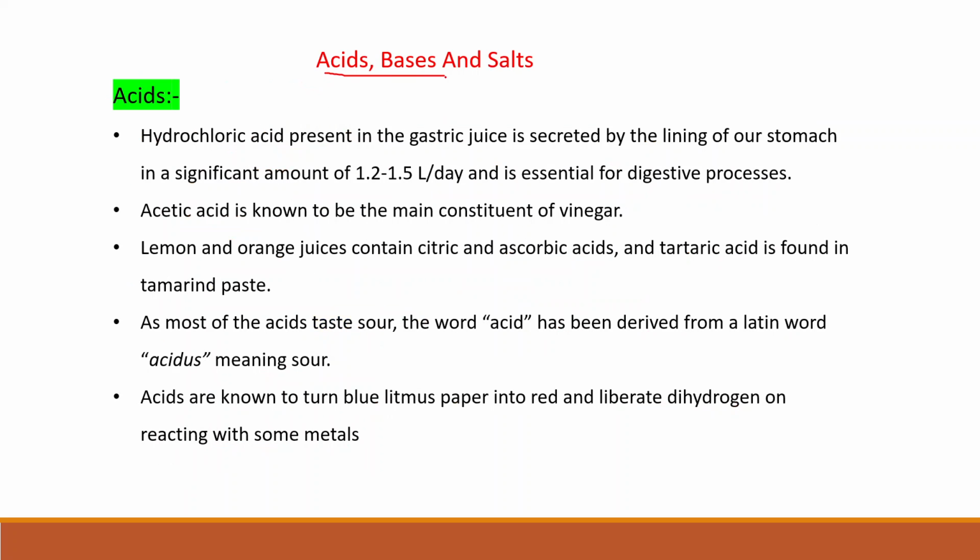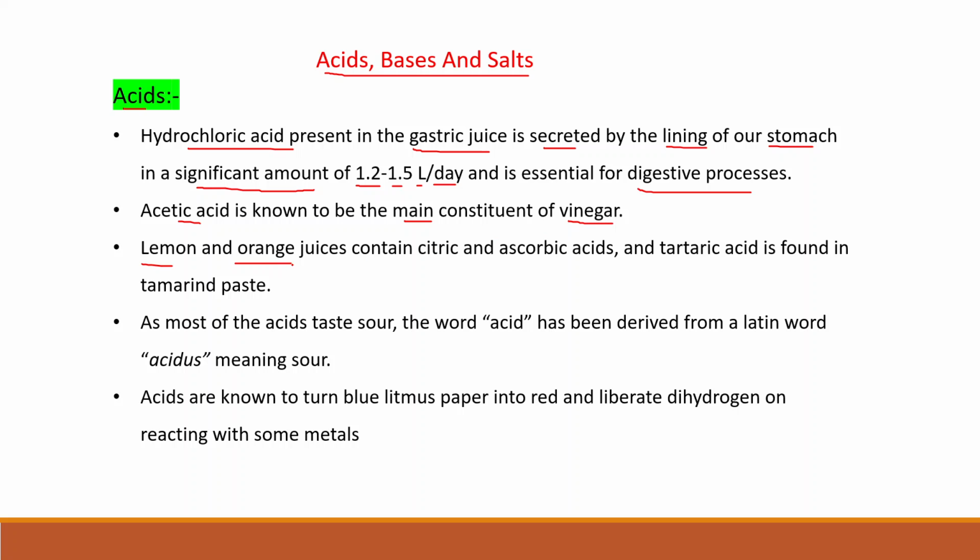Now acids, bases and salts. First, acids. Hydrochloric acid present in the gastric juice is secreted by the lining of our stomach in a significant amount of 1.2 to 1.5 liters per day and is essential for digestive processes. Acetic acid is the main constituent of vinegar.